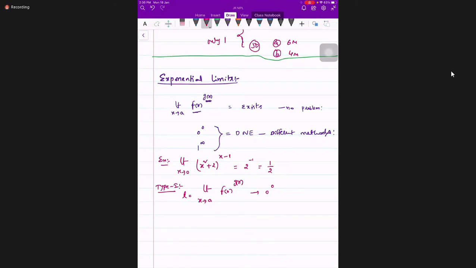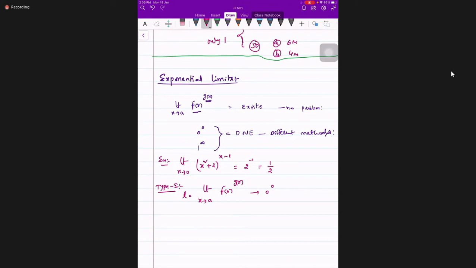Which function allows you to do that operation? The log function.